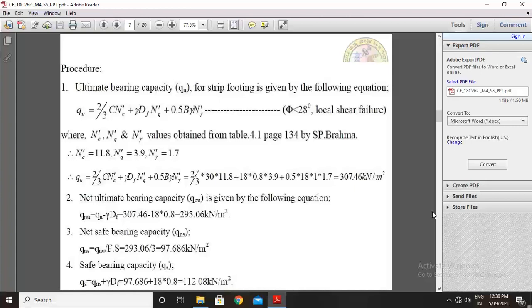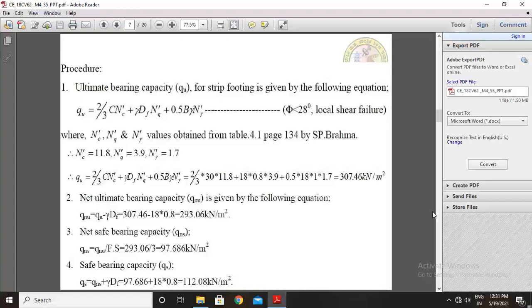For local shear failure we are considering phi less than 28 degree. Where NC dash, NQ dash and N gamma dash values are obtained from table 4.1, page 134 by SP Brahma, or you can select from any textbook. So from the tables we get NC dash, NQ dash, N gamma dash with respect to the phi value.